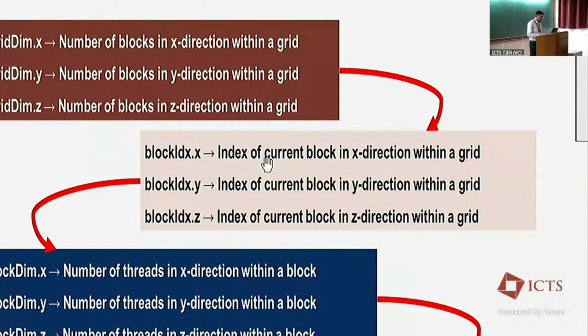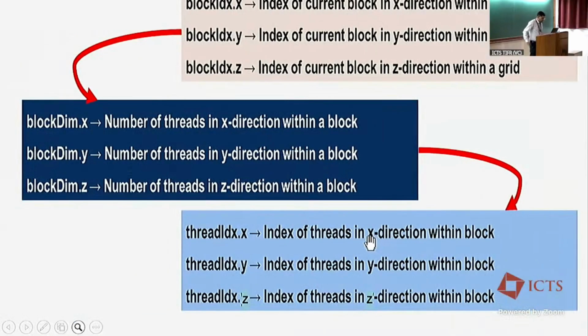Those IDs we can get via these variables blockIdx.x, blockIdx.y, blockIdx.z. So x is the index of the current block in the x direction within a grid, then in the y direction, then in the z direction.